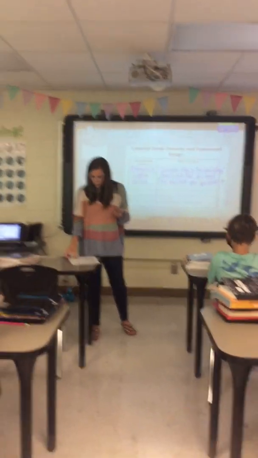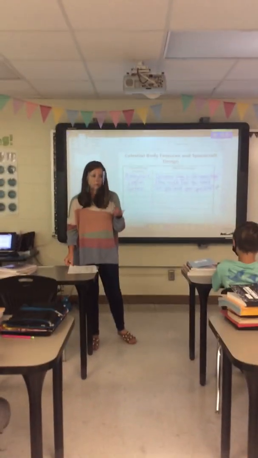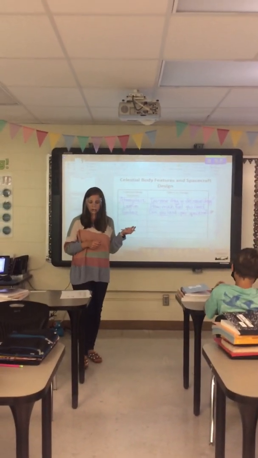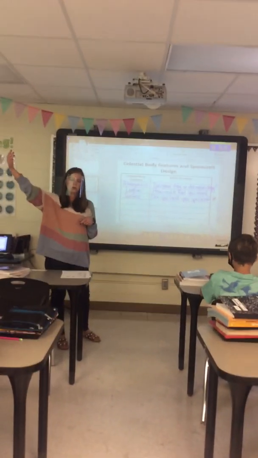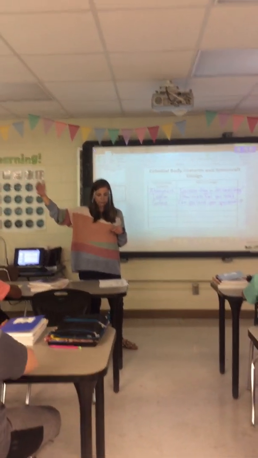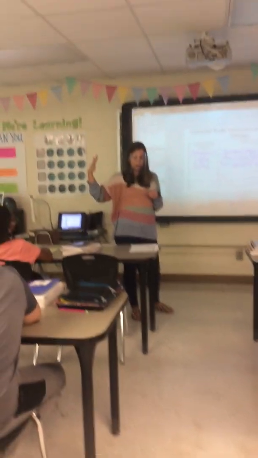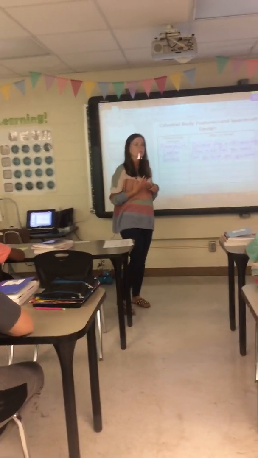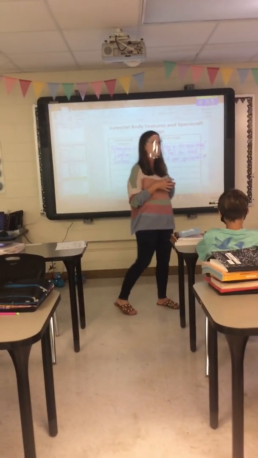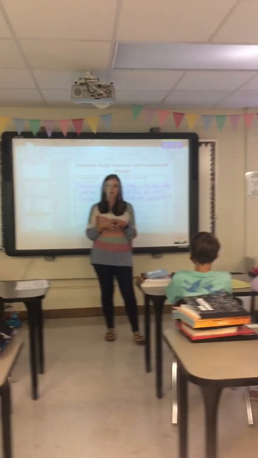Okay, so the hot planets are going to be Mercury and Venus because they're closer, and then your colder planets are going to be your outer planets, anything that's further away from the sun. Saturn, Jupiter, Mars, Uranus, and Neptune. Okay, so think about temperature, designing a spacecraft. Why is temperature important?